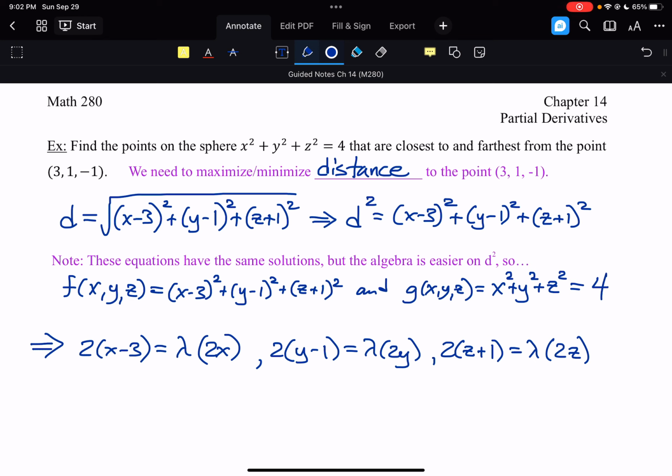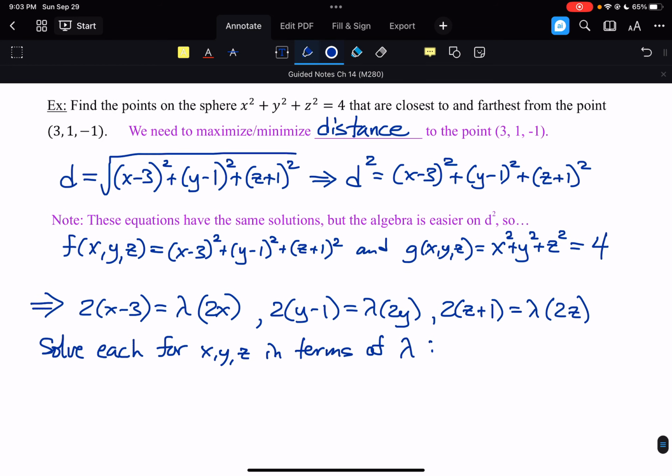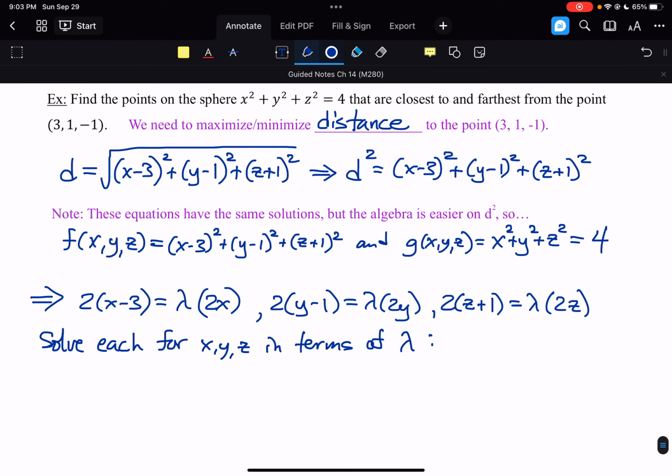So we're going to solve each for x, y, z in terms of lambda. We haven't really used lambda that much today so far. Like I said, some examples we won't use it at all. We might overlook it. Other examples it will become a vital piece.